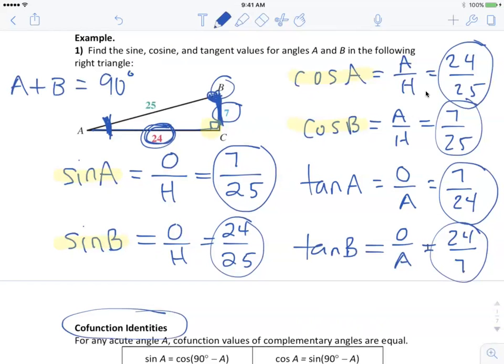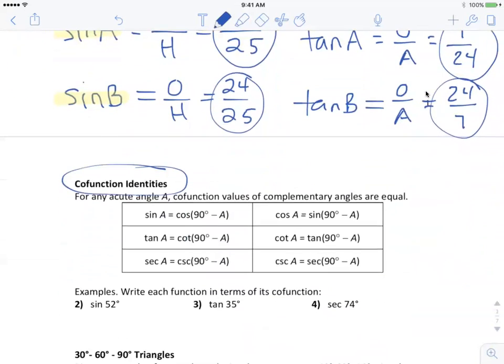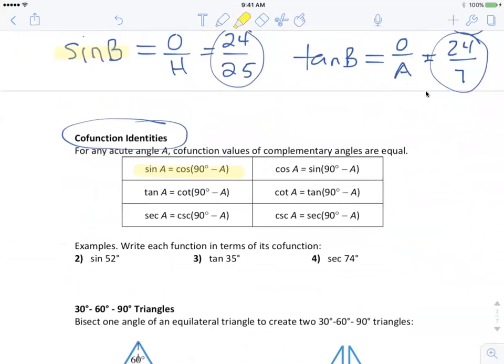Okay, so those are the cofunctions. That's where it's coming from. And that's what this is meaning right there, right? The sine of A is equal to the cosine of B, or in this case, we're just writing it as 90 minus A, right? And there's cofunctions for all of them, right? So you can refer to this, but all of them are in that similar fashion.